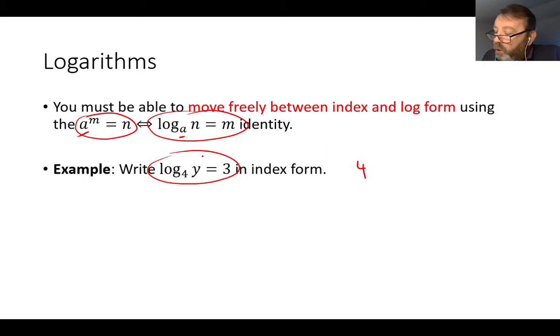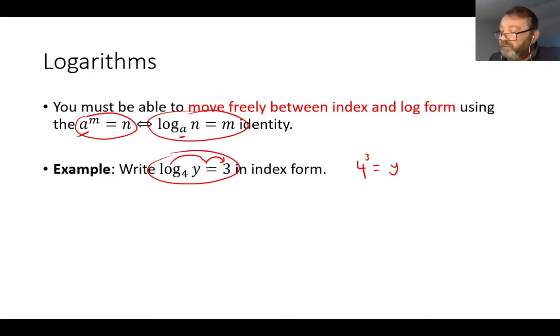Logs always reveal powers. See that? I want you to remember that logs always reveal powers. So therefore, the power that's going to go over base 4 in index form is 3. And that is equal to the number that I'm getting the log of, namely y in this case. Look at it again. Log to the base 4 of y equals 3. Write it in index form.